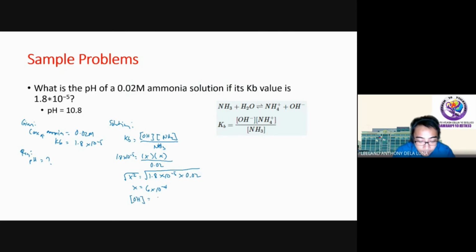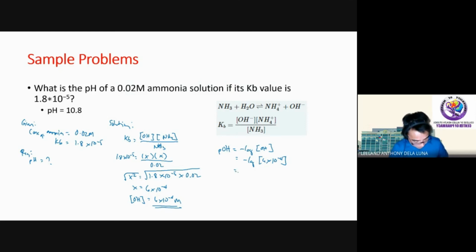This is the concentration of your hydroxyl ions, 6 times 10 to the negative 4 molarity. Of course, di pa tayo tapos dyan kasi kailangan ko dito is pH. So obviously, class, using OH, I'll be getting pOH, correct? So that's negative log OH. Negative log 6 times 10 to the negative 4.